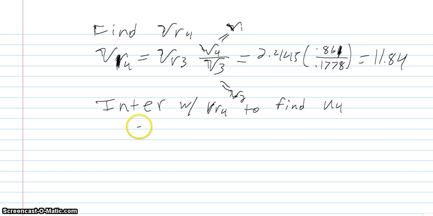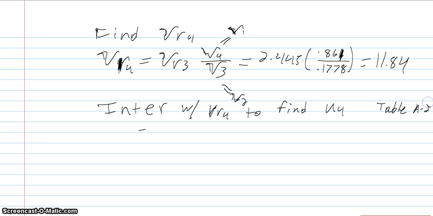And if you do all that, same stuff, go to table A20. You'll find that U4 is equal to 986.75. Right? So go down.